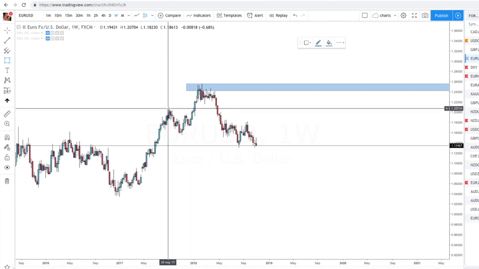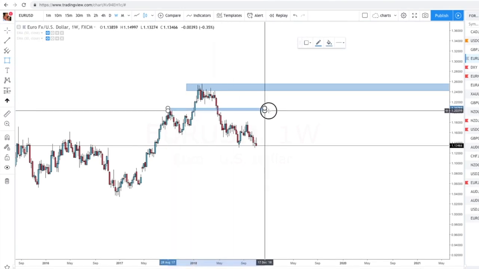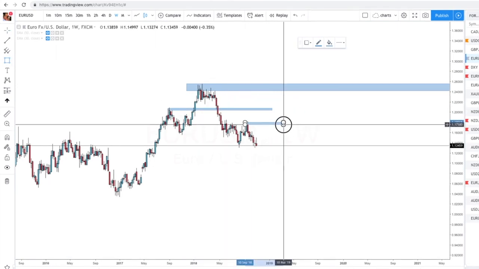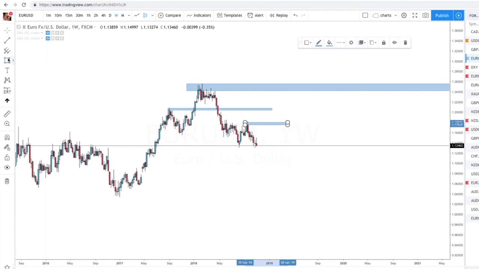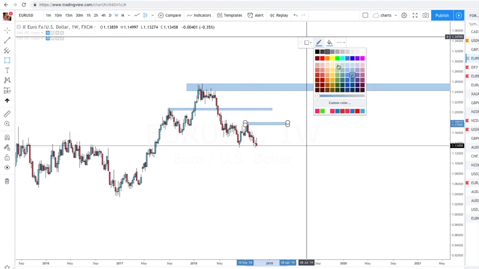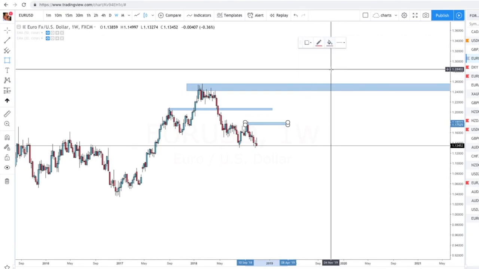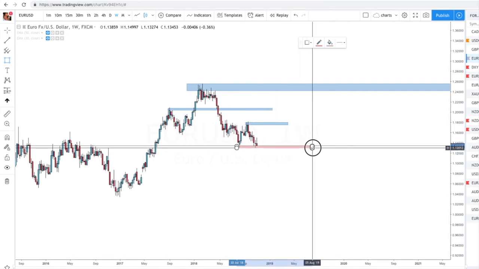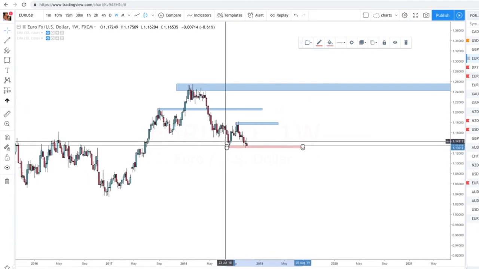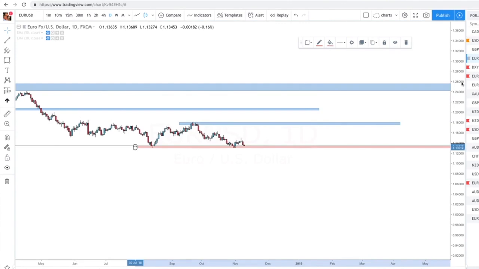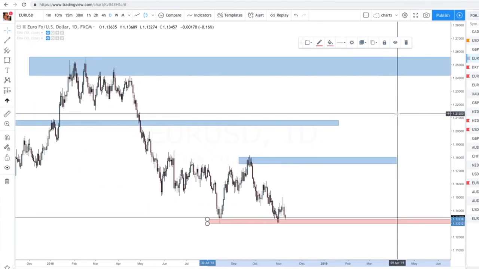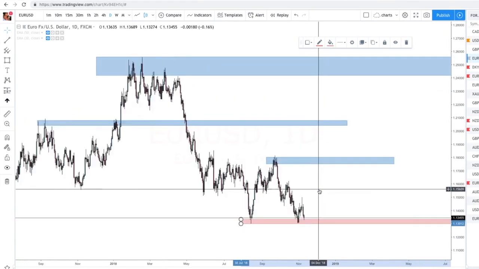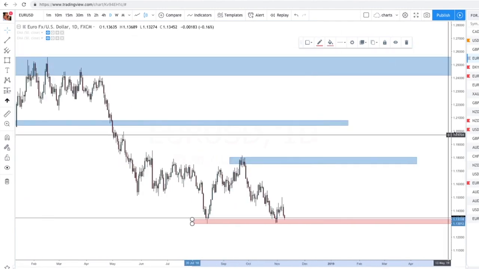we had a nice resistance zone right here. And then a support zone right here. Okay, and then the daily. See how that works out perfectly? But then we want to mark our other zones on the daily.